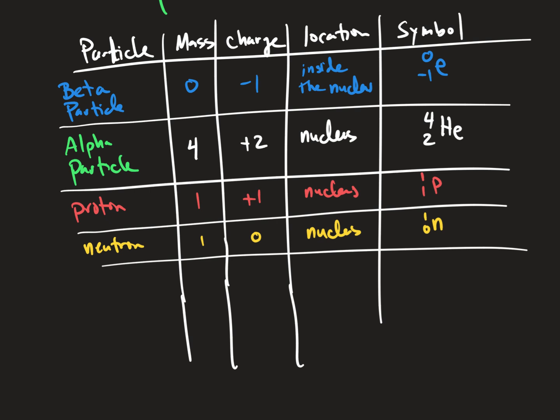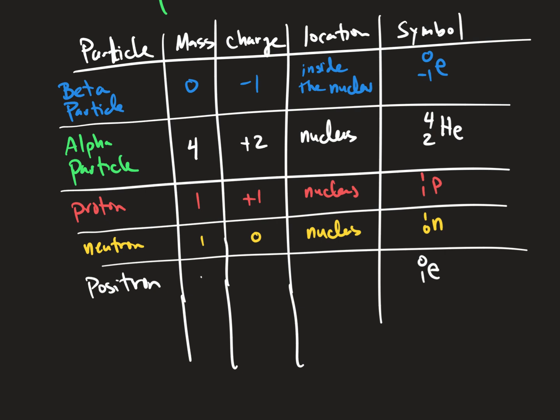Okay, we got a positron. Now it sounds like we're just making up names, right? A positron is basically a positively charged electron. So if we write the symbol, it is 0, positive 1e. Okay?